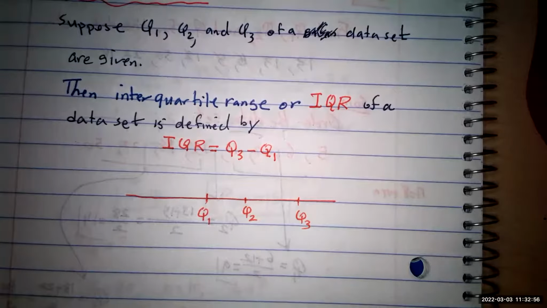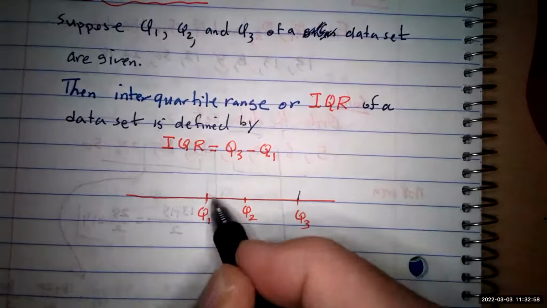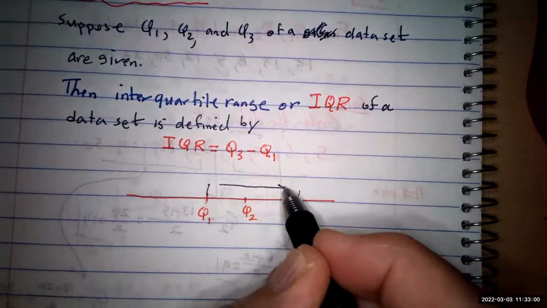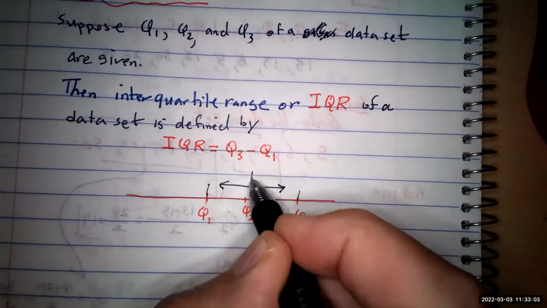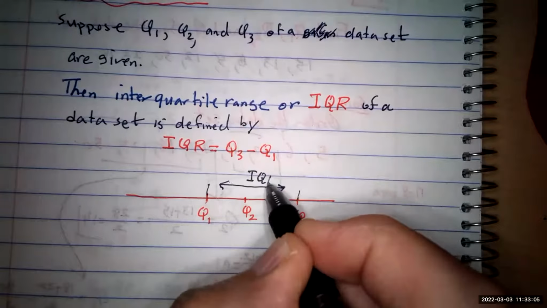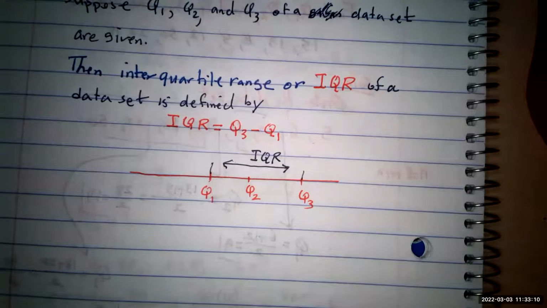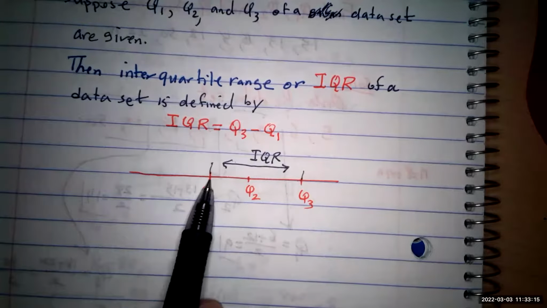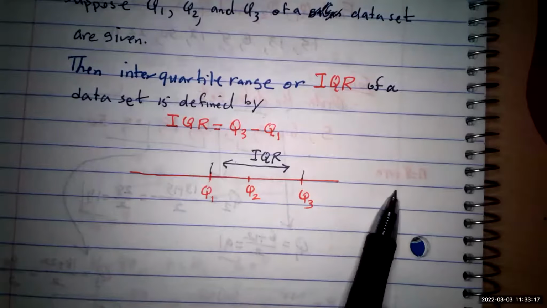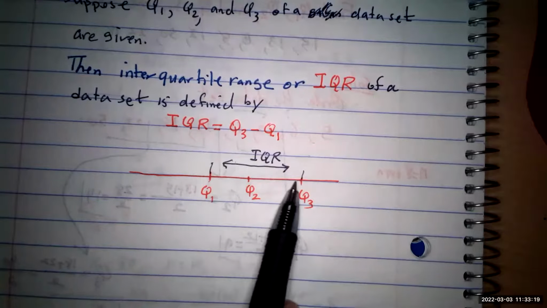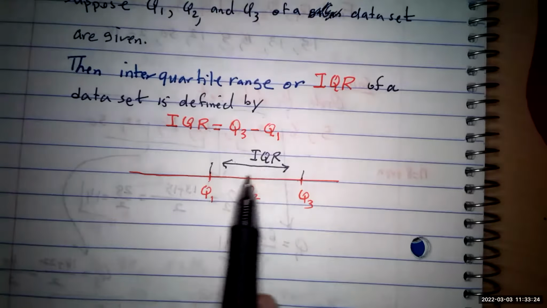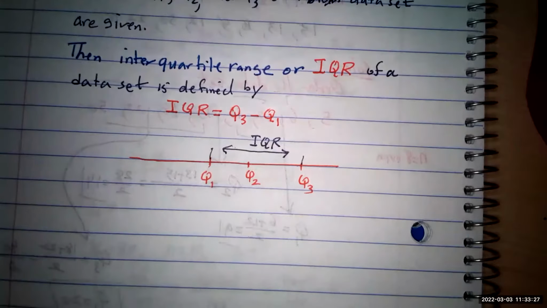So this range on the top, the difference, this range is going to be your IQR, the interquartile range. So this is going to be 25% and this is 25%. So in between, this is going to be kind of 50%. So the IQR gives you a measurement. They call it the middle 50% of the observations.